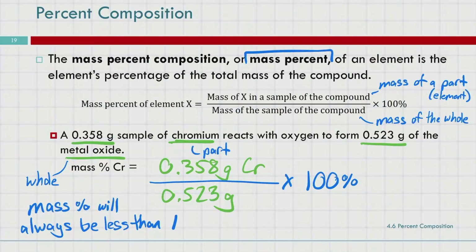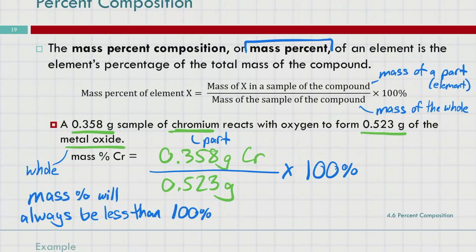So 0.358 divided by 0.523, multiply by 100. This comes out to 68.5% chromium.